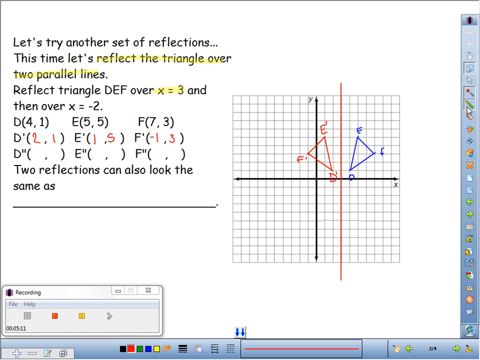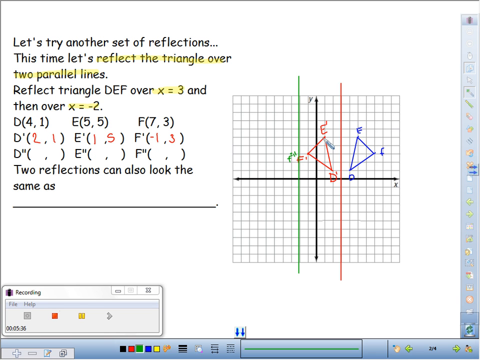Okay, so now we're going to do the same thing, except now we're going to reflect over x is equal to negative 2. So let's take our ruler again and draw a straight line at x is equal to negative 2. It's pretty good there. So I want these points to be the same distance away from this green line now. Okay, so F prime is 1 point away, so F double prime is going to be 1 point away.